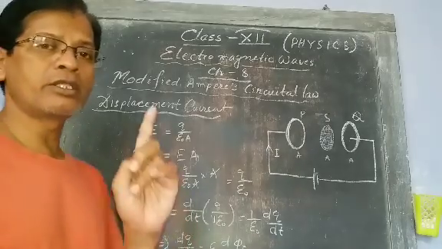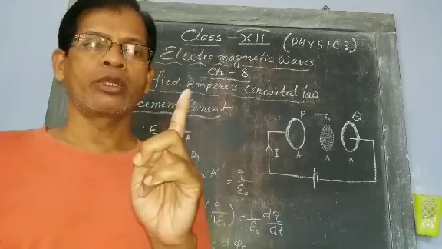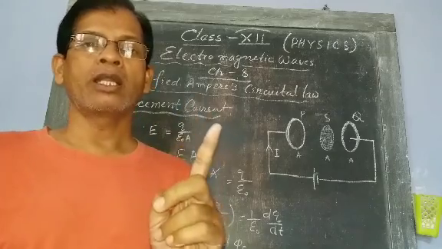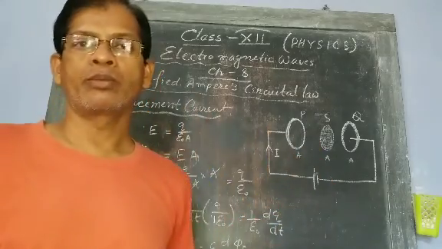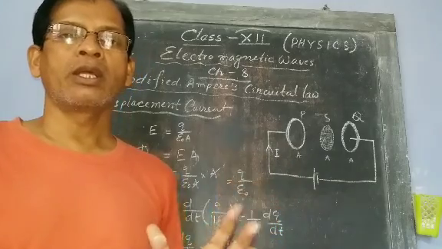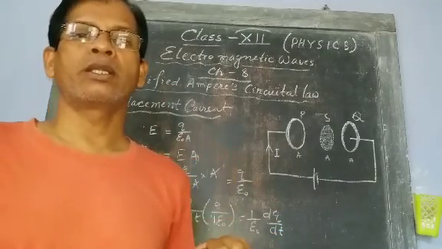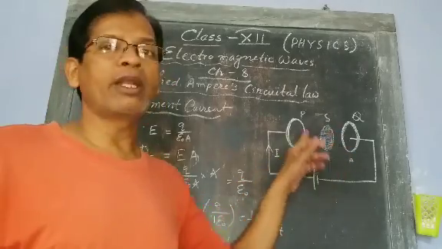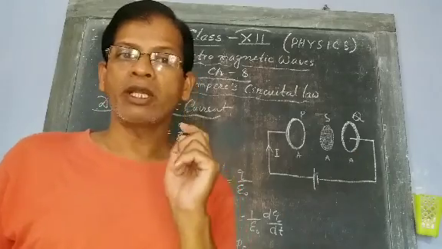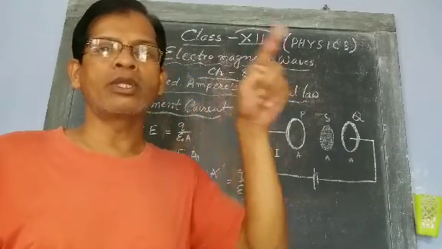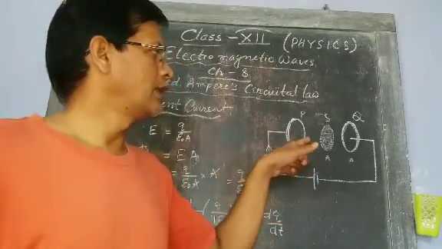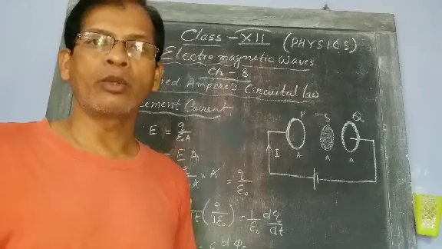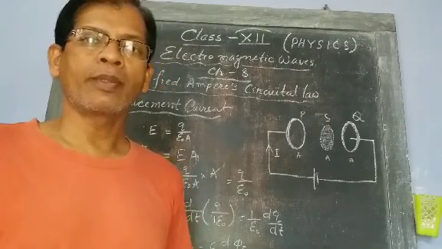This current is produced due to the change in electric field, but not due to the transfer of electrons from one point to another. Here electrons are not transferred, only the electric field is changing. Due to this displacement current flowing, there will be a magnetic field. Clear? Okay, bye.